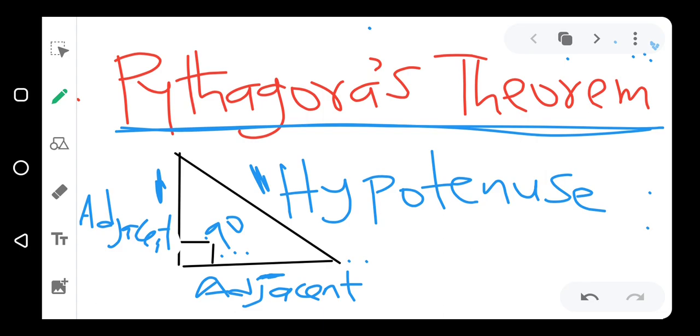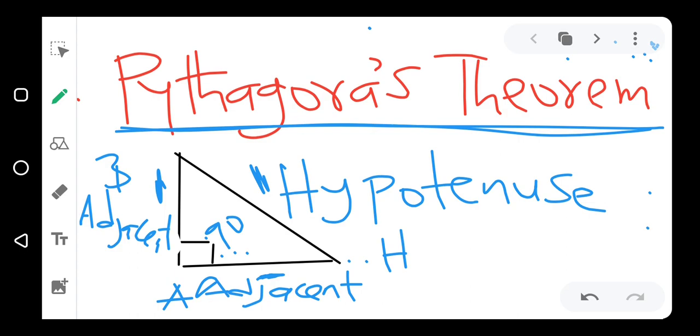If we represent the hypotenuse with h, and this side, let me call it a, the first adjacent, and the second adjacent, let's call it b.